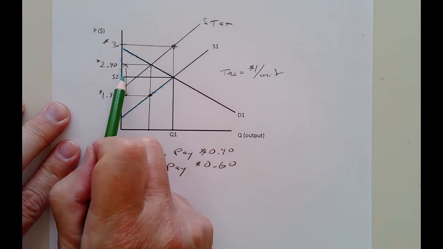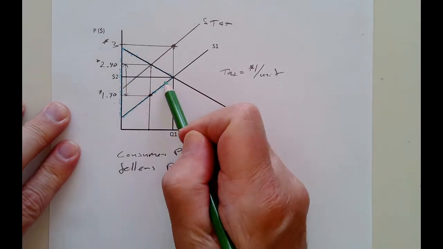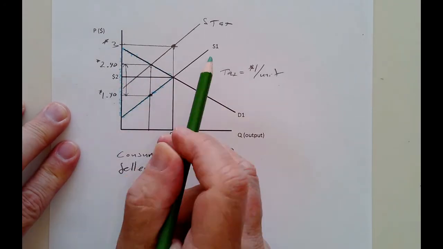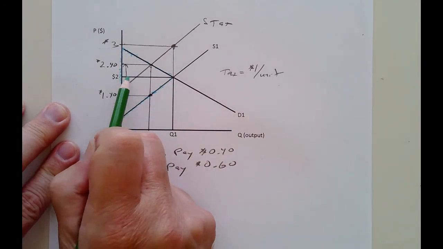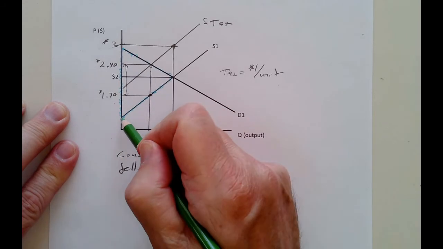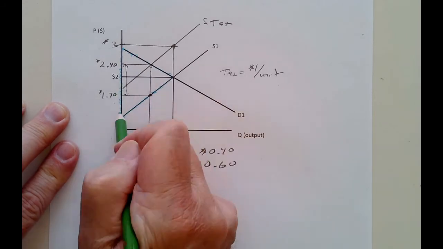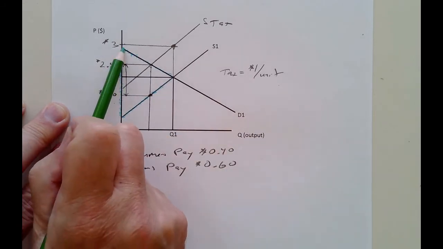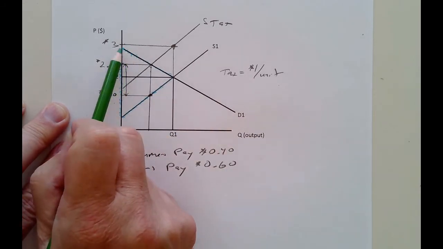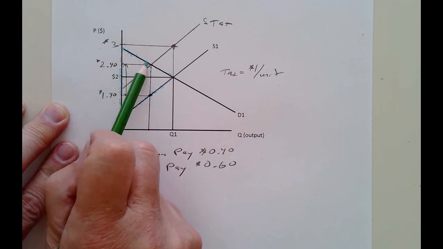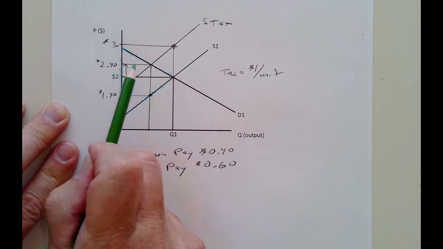The bottom part from $2 down to the supply was the producer surplus. That's what they get from us before the tax, and that's the cost of making it. And so this in here was their surplus. The top part was a consumer surplus, $3 below demand, down to $2.